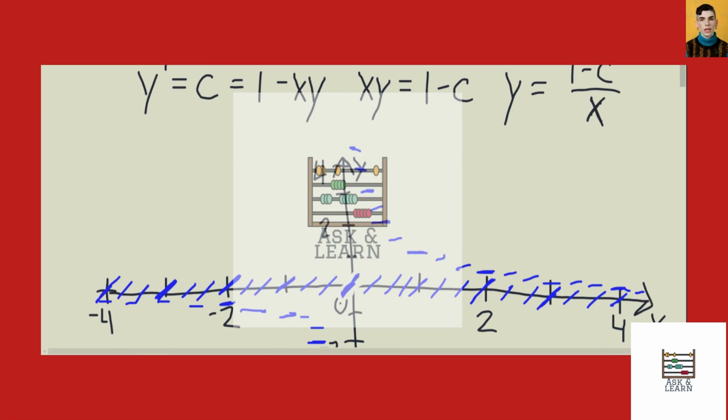If c is equal to -1, you see that this corresponds to all the points on the curve y equals 2 over x, which is the curve y equals 1 over x stretched by a factor of 2. So, in particular, at the point (1, 2), we'll have a slope of -1.